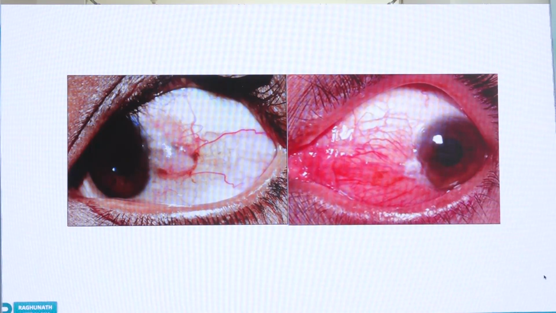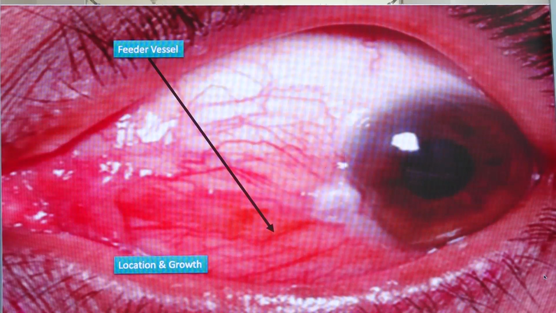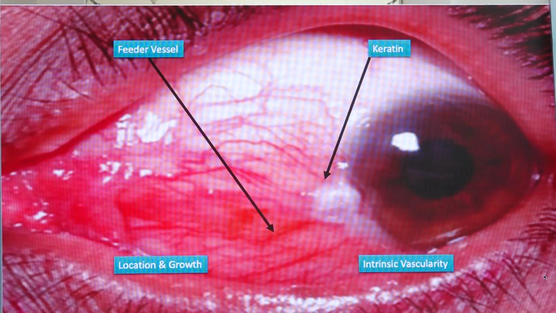Now again, the first slide I am showing you. When you see this kind of a picture, like I told you, you see a surface lesion or any lesion, try to describe it. So I will describe it for you. Describe in terms of location and growth. It is on the bulbar conjunctiva near the limbus, growing on the cornea. There are feeder vessels, there is keratin, there is an intrinsic vascularity, and there is rose Bengal staining.